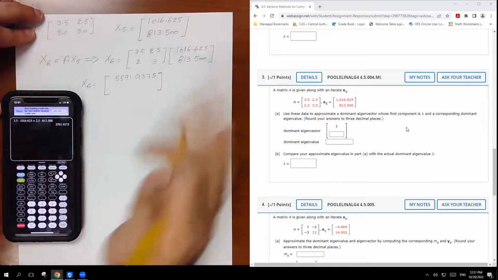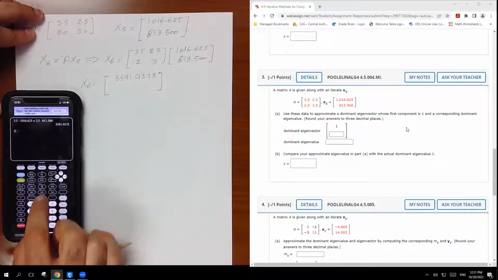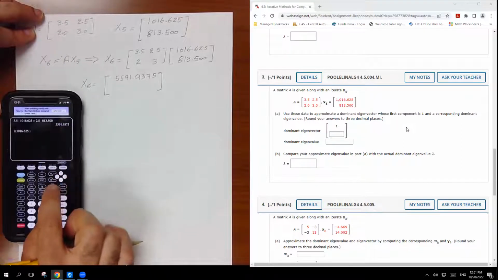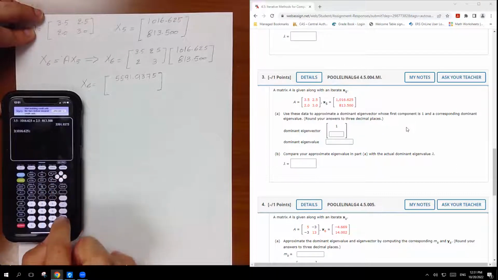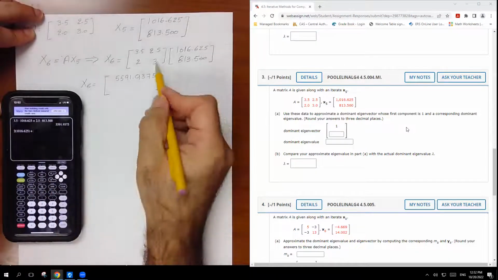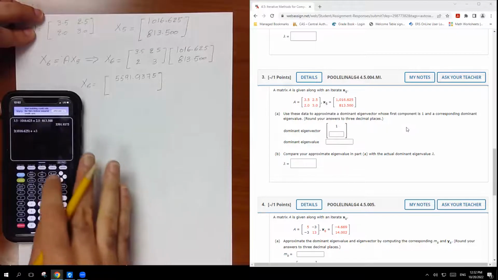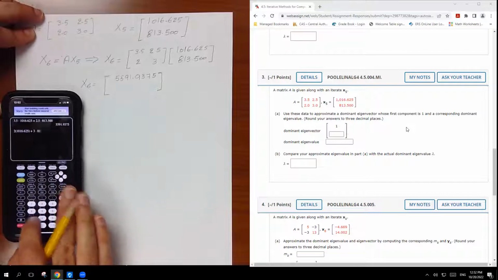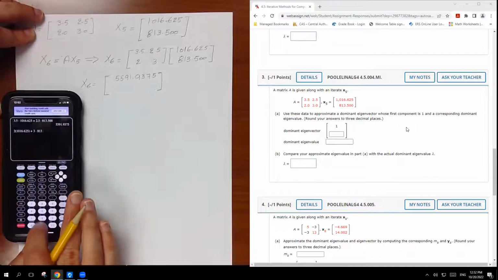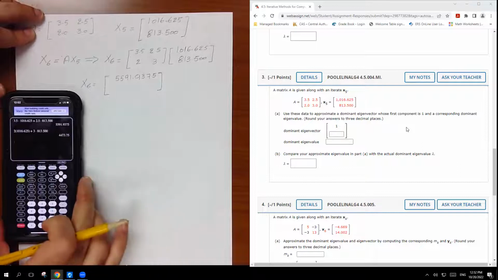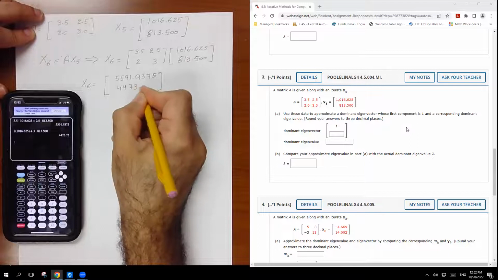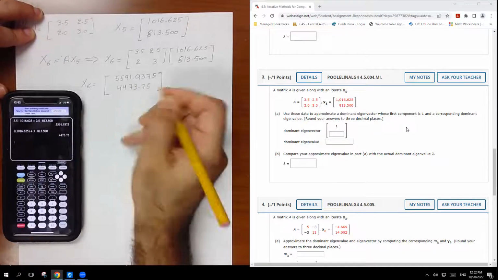And the second row is going to be 2 times 1016.625 plus 3 times 813.500, which is going to be 4473.75.